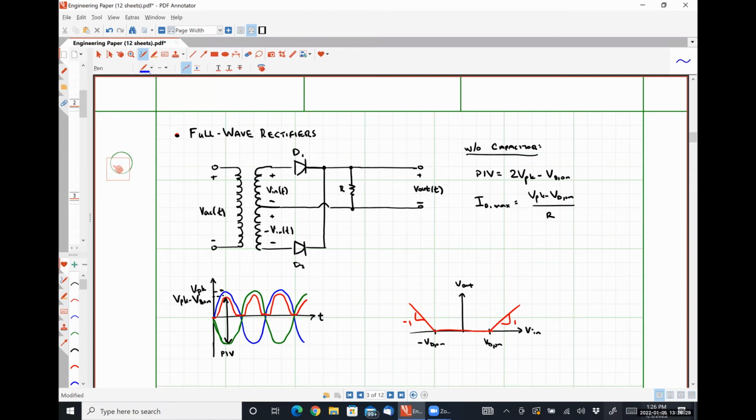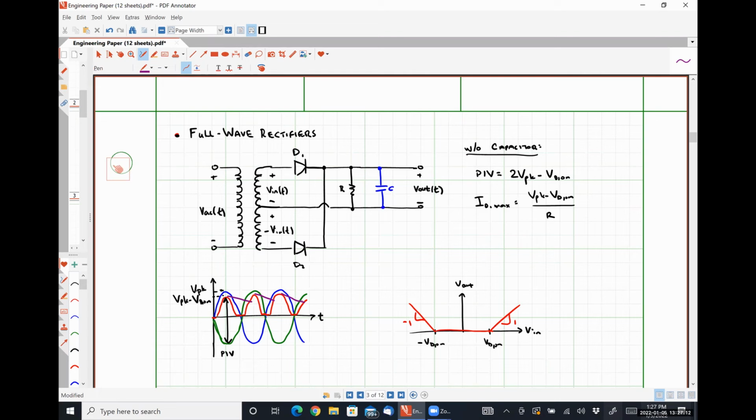So if we put some smoothing capacitor C in parallel, what happens to our output signal? Let me do these in purple, right? We're going to see effectively the same thing, that same exponential decay, but now we're not allowing our capacitor to discharge for the same amount of time as we were with a half wave rectifier.